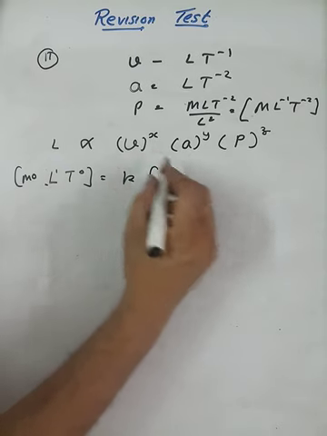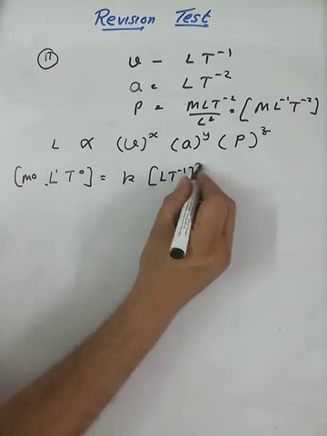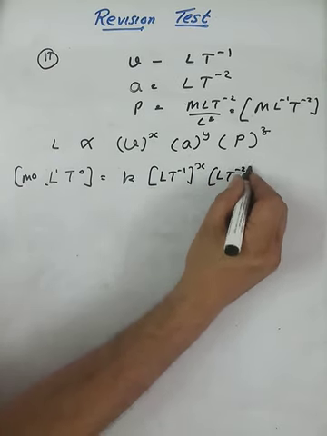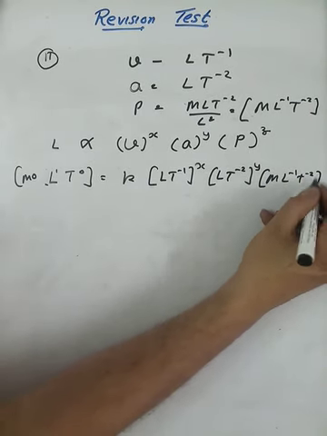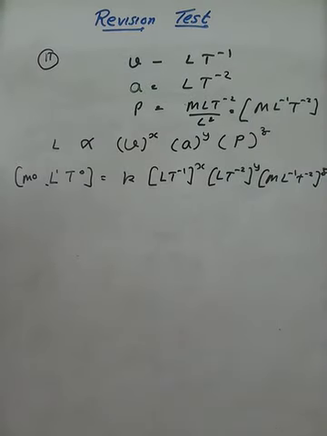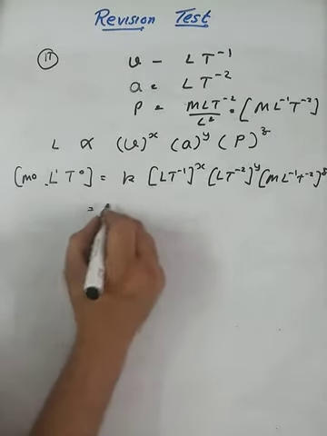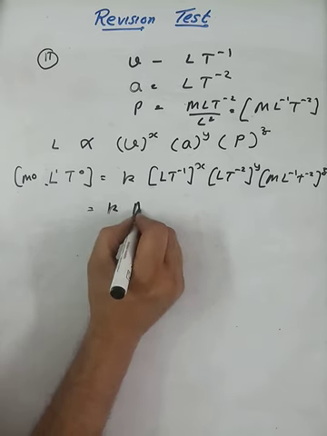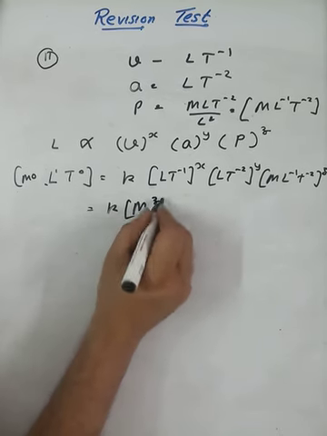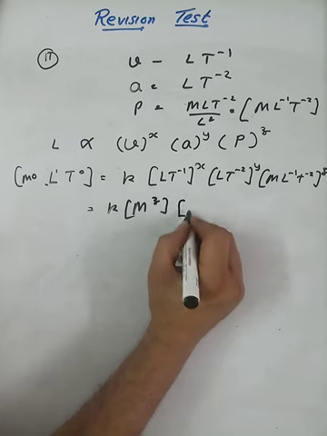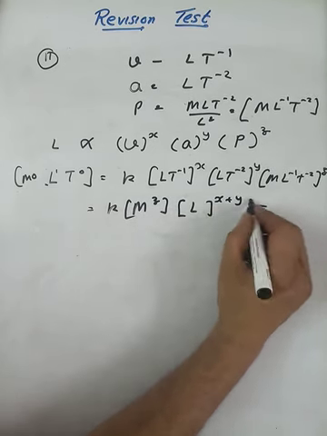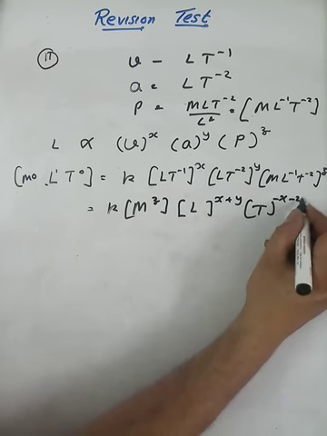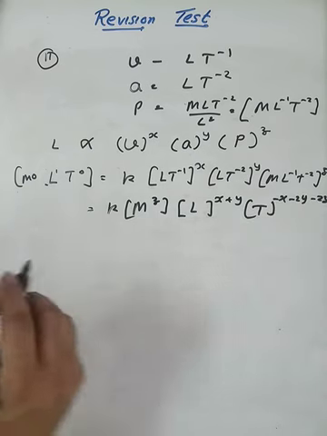Constant K, velocity is LT^-1 to the x, acceleration is LT^-2 to the y, pressure is ML^-1T^-2 to the z. So K, M raised to the power z only, L raised to the power x plus y, and T raised to the power minus x minus 2y minus 2z.